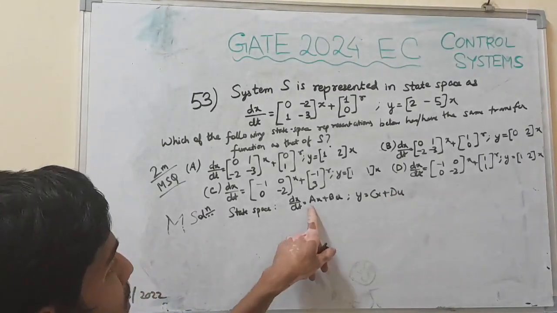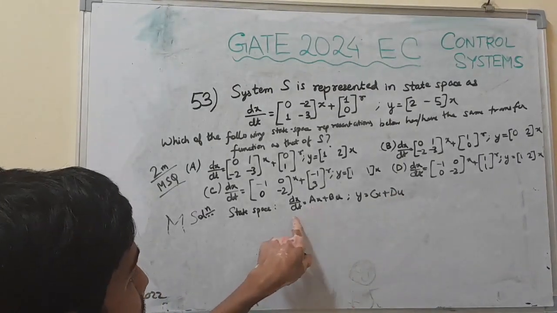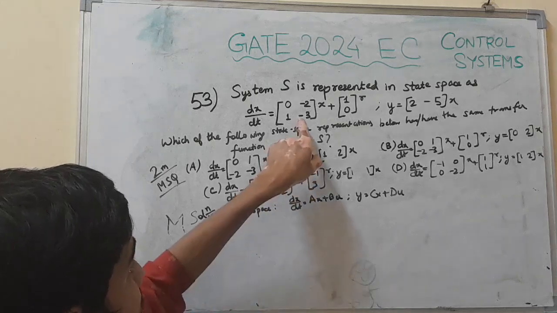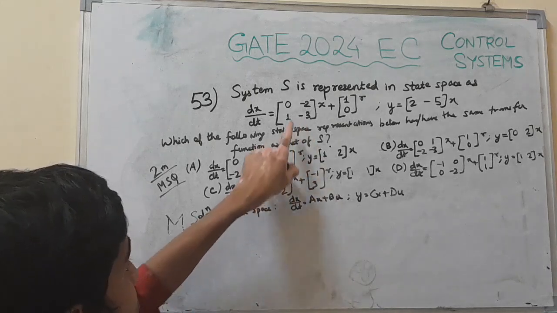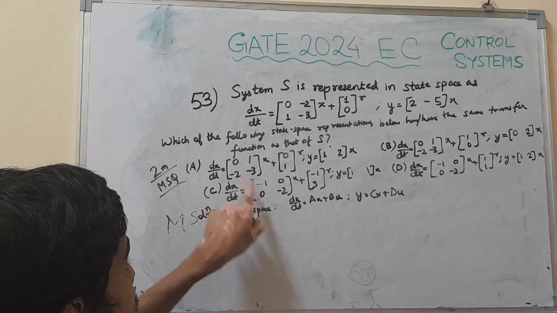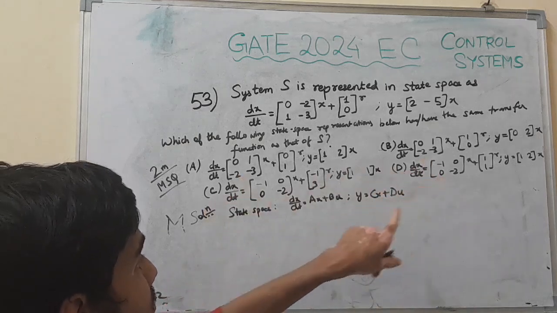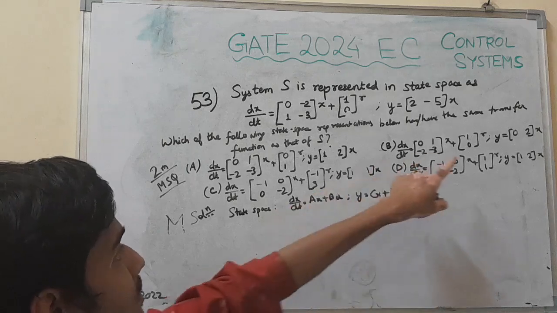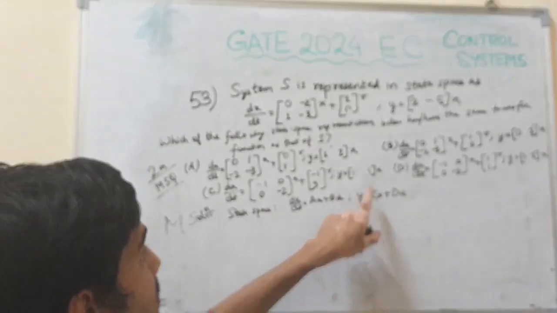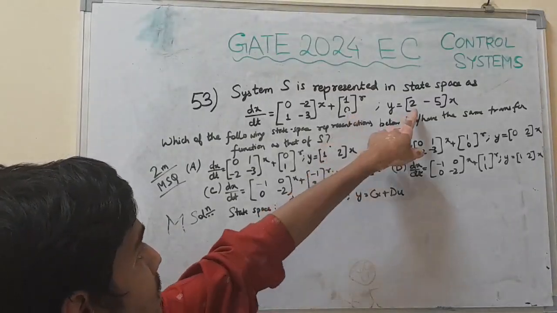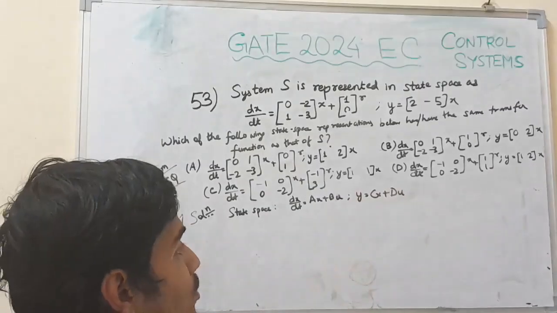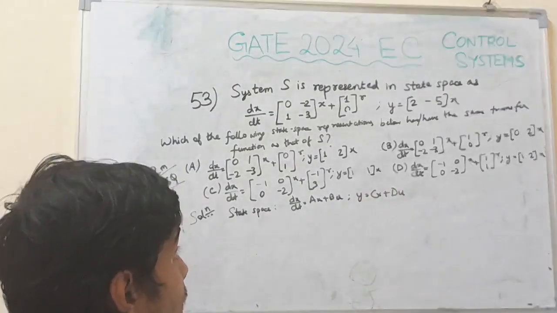Now you have to identify the matrices from this equation by comparing it with the given equations. So A is this matrix, the system matrix. The options are this one, this one, this and this. B is this, this and this. C is this one, this, and this. And D is 0, a null matrix in this case.